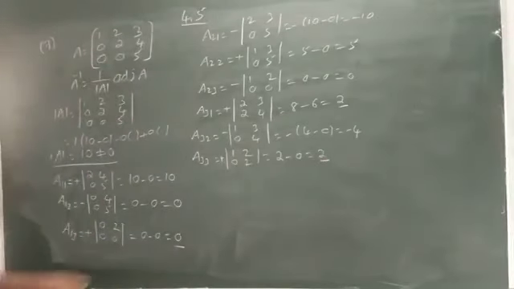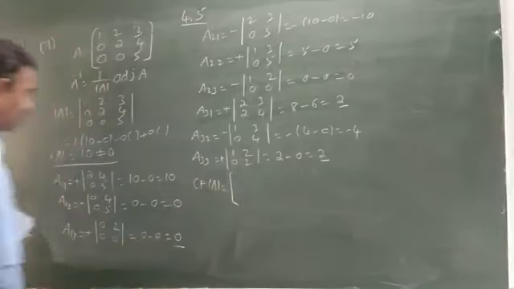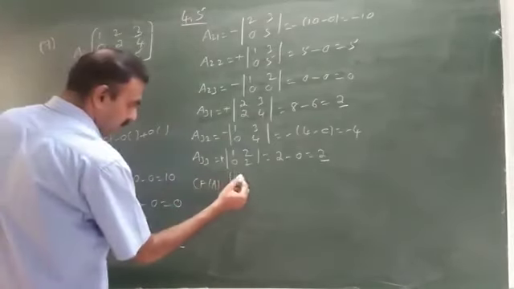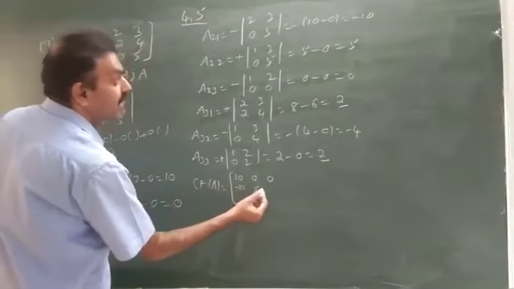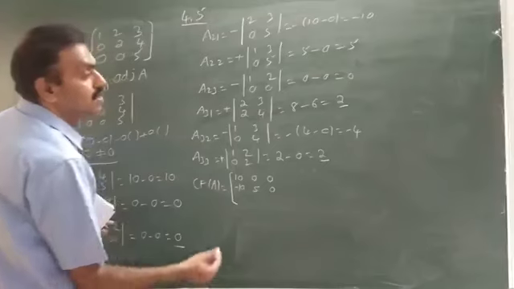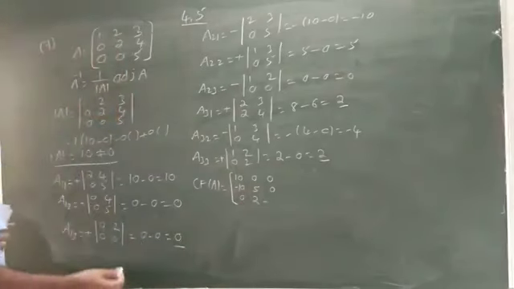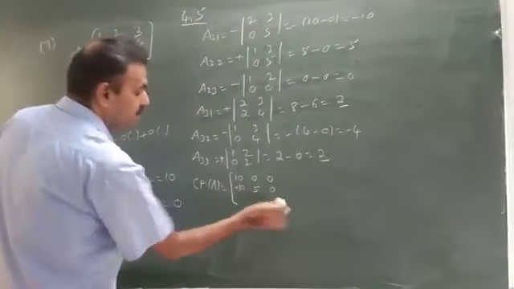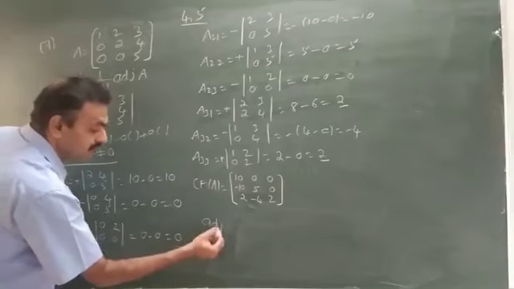What is the cofactor matrix? Cofactor matrix: [10, 0, 0; minus 10, 5, 0; 2, minus 4, 2]. What is the adjoint?